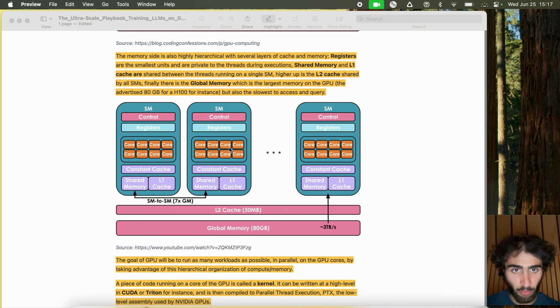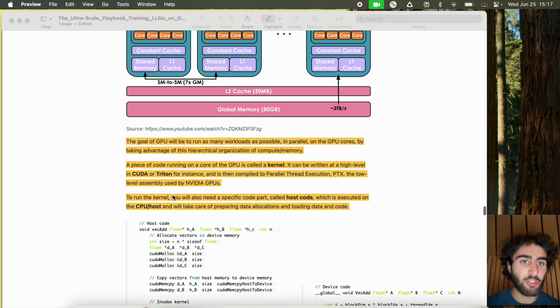And then this is more low level, because we're breaking down the memory hierarchy into the cores themselves and the register. The goal of GPUs is to run as many workloads as possible, in essence parallelization, by taking advantage of the hierarchical organization of computation and memory.